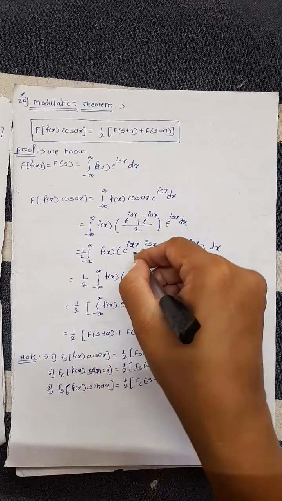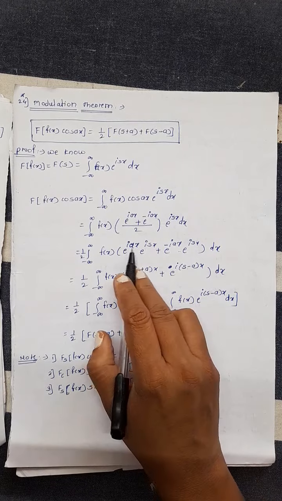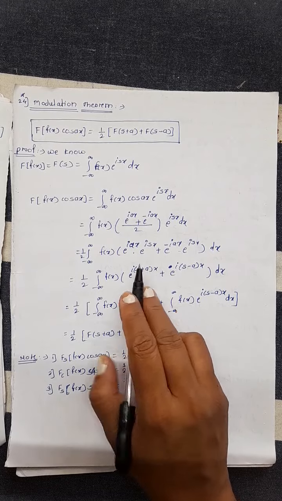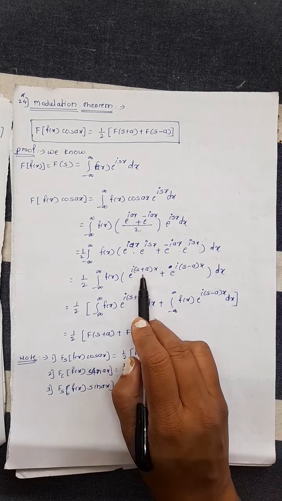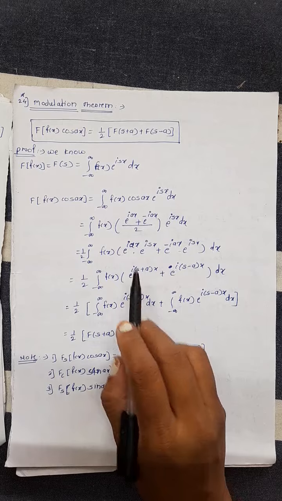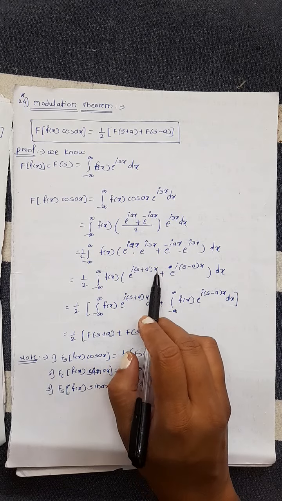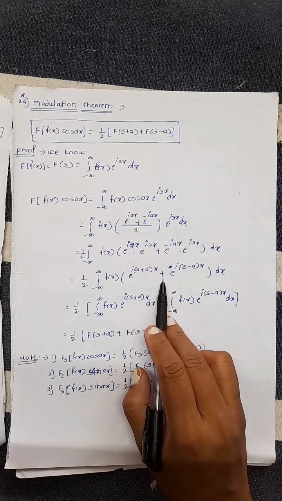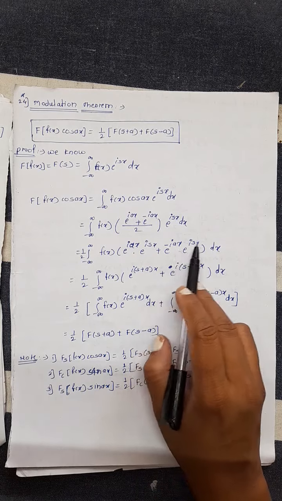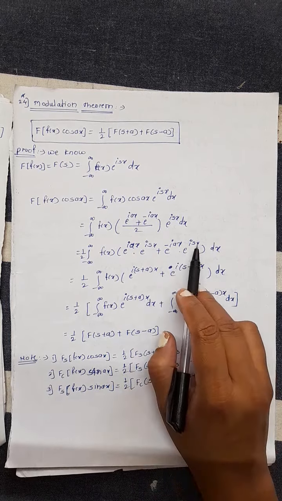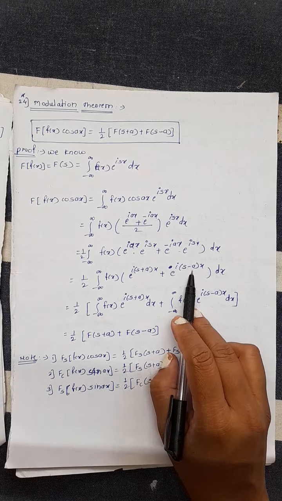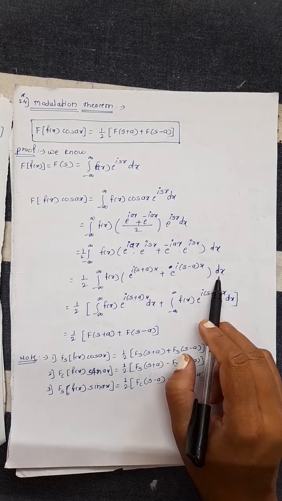In these two terms, ix is common, and s plus a go together, so e^(ix) comes outside and in the bracket remains s plus a, plus e^(ix) with s minus a in the bracket, bracket complete, dx.